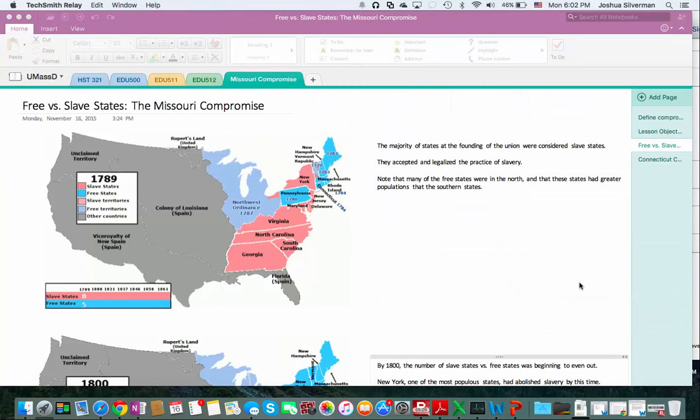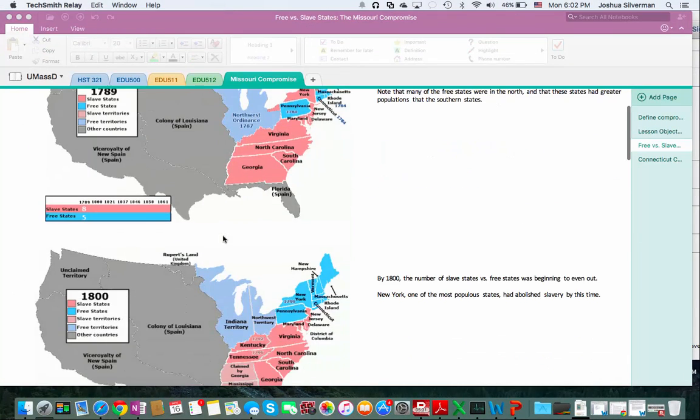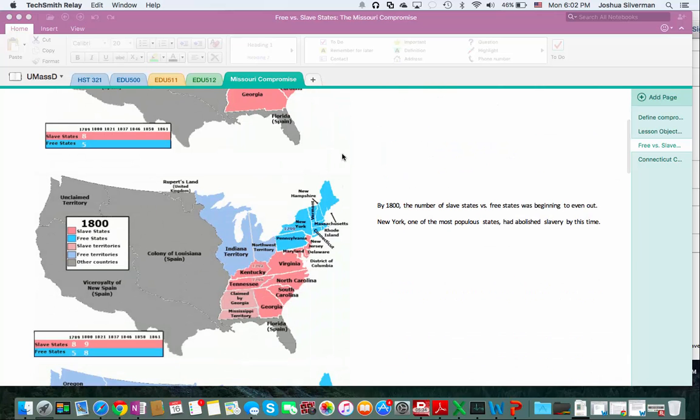So what did the Missouri Compromise do? Well, by 1800, there were a near equal number of slave states and free states. This balance for any new state admitted needed to be maintained to hold the country together.